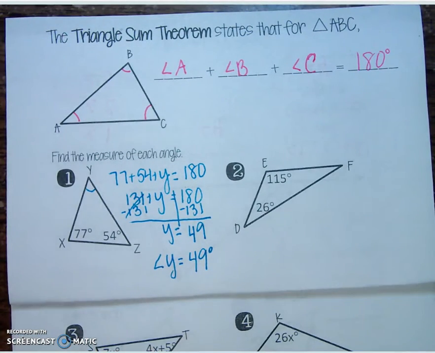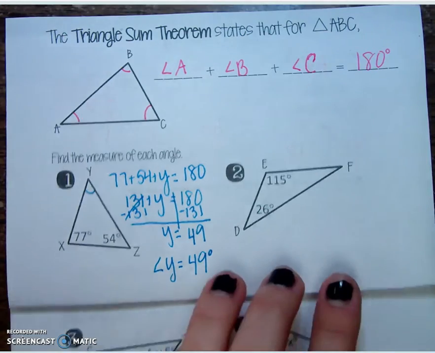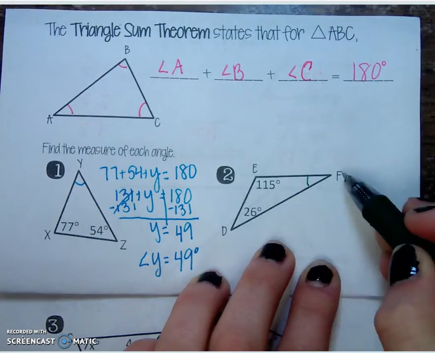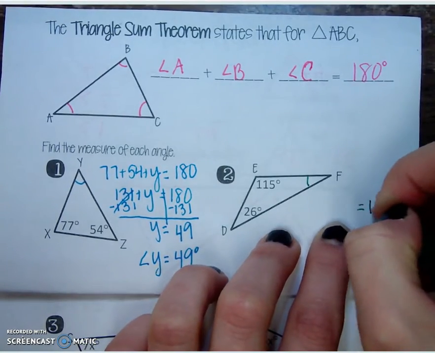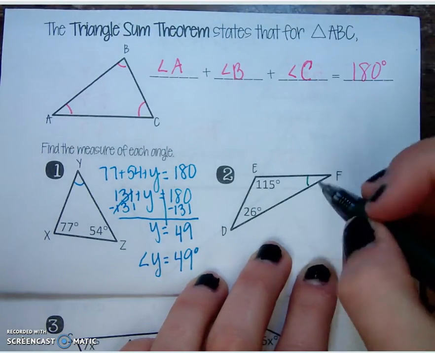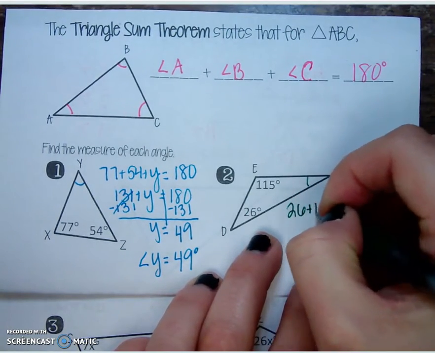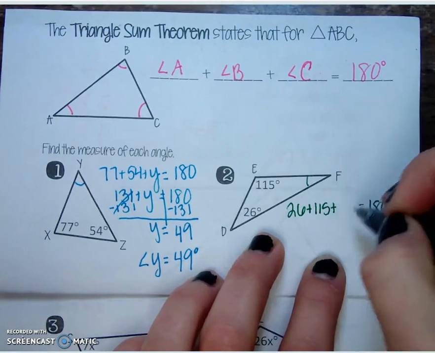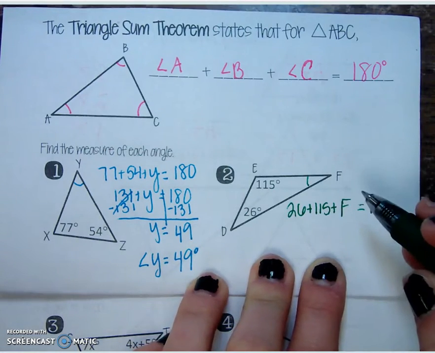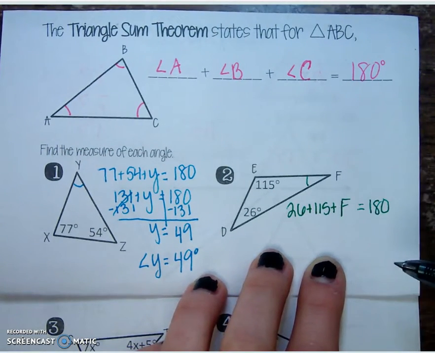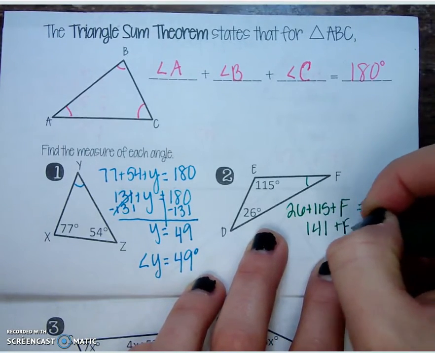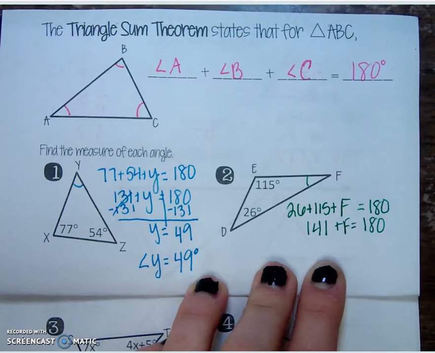All right, so number 2. The angle that I'm missing here is angle F. I know that D, E, and F will together total 180 degrees. I know D and E are 26 and 115, plus whatever F is, will equal 180. 26 and 115 is 141, plus F will be 180.